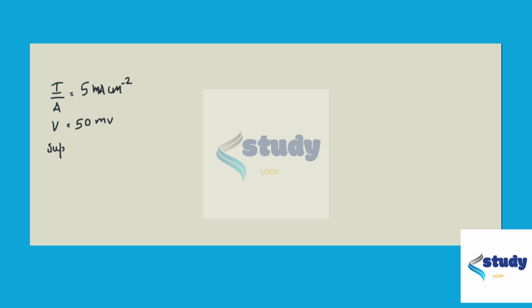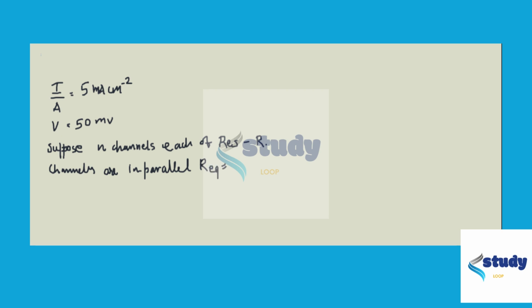Suppose there are n channels, all right, n channels, each of resistance R. Now since the channels are in parallel, the equivalent resistance Req would be R by N, right?